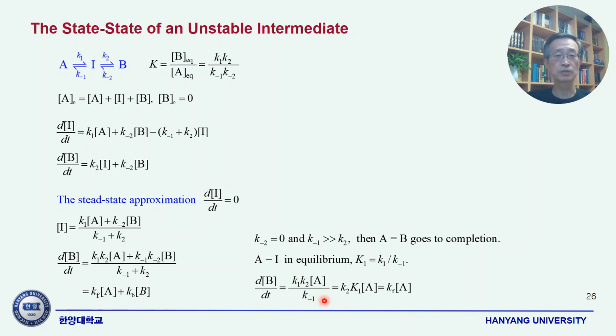But what is this? If k minus 2 is 0, then that's exactly the same as kF. So this is either this, or k2 times the equilibrium constant K1, or kF A. Either way, this is reduced to a very simple relationship.